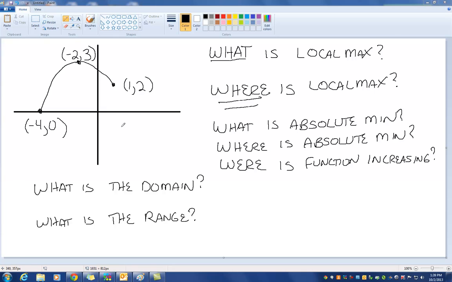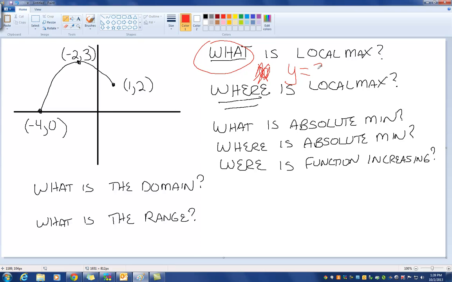Here's f of x. And we might be asked, what is the local max for this function? When you're asked the question, what is it, that means we are looking for a value of y. It's the largest value of the output within a given neighborhood.